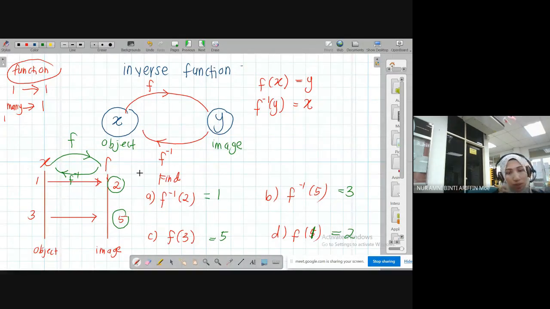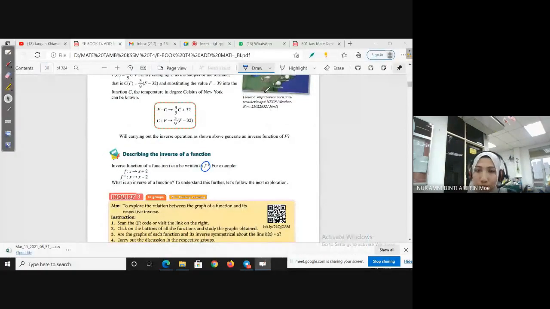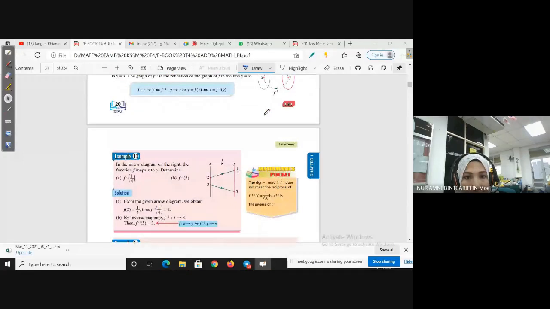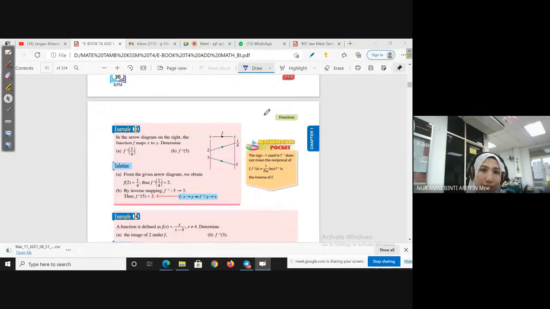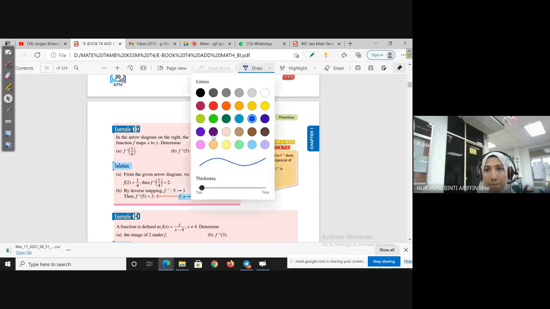Okay, kita tengok kepada contoh. Look at the example. Kalau example 13 tu, apa yang I dah bagi tahu tadi lah. In the arrow diagram on the right, the function f maps x to y. Nampak dekat sini x to y.